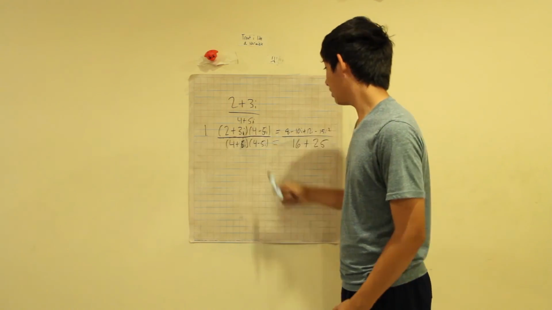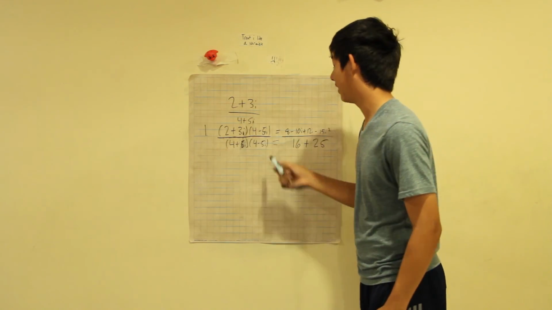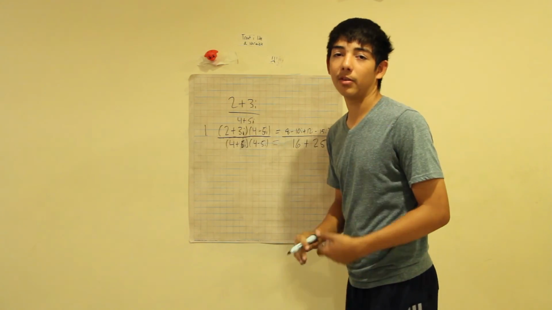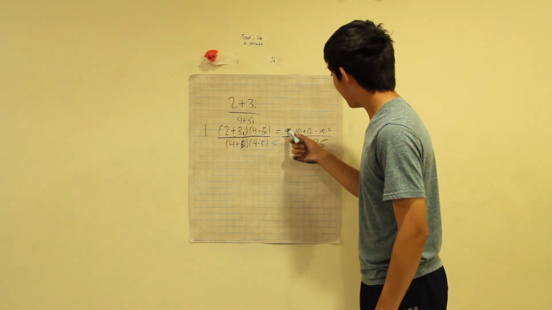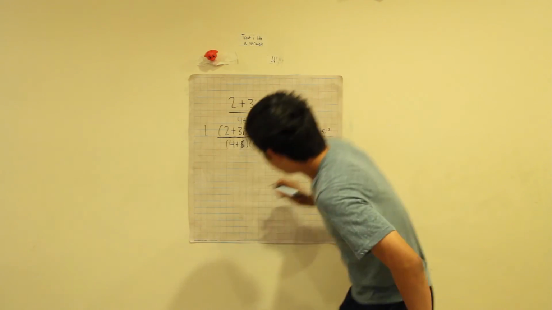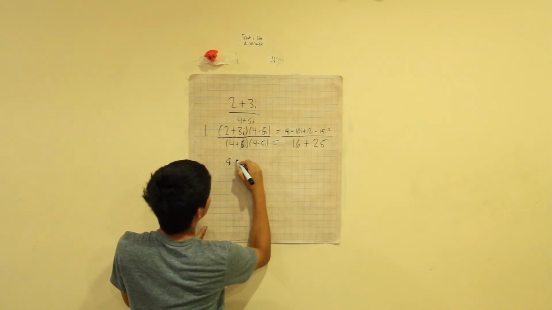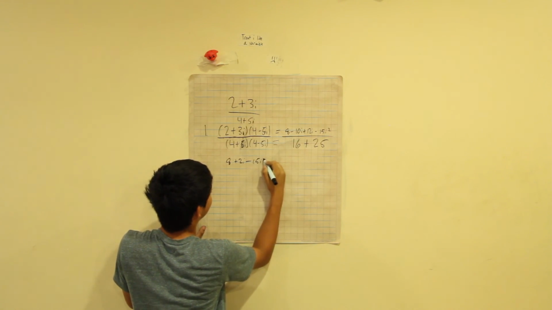So here we have the expressions being multiplied by the complex conjugate of the denominator, which would be 4 minus 5i. So when we multiply out the numerator using FOIL or distributive property or however you like to think about it, you get 8 minus 10i plus 12i minus 15i squared. Which simplifies down to 8 plus 2i minus 15i squared.